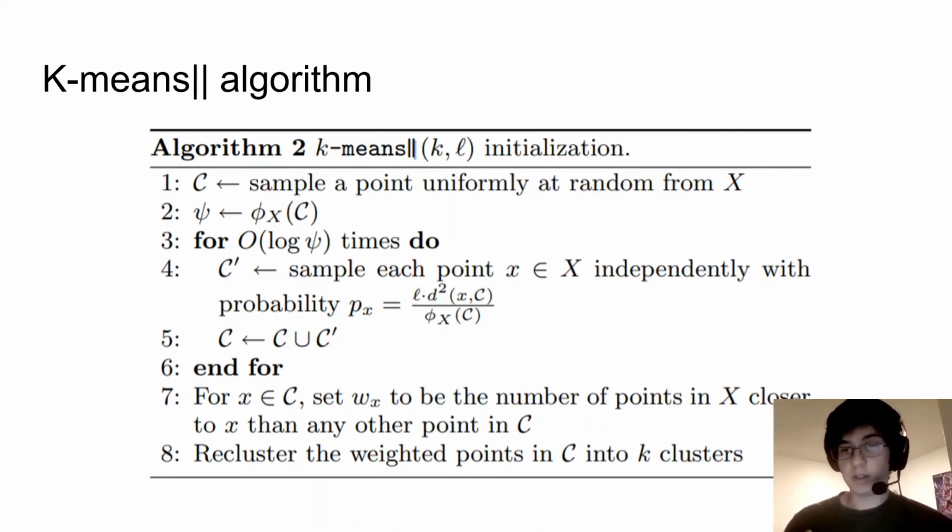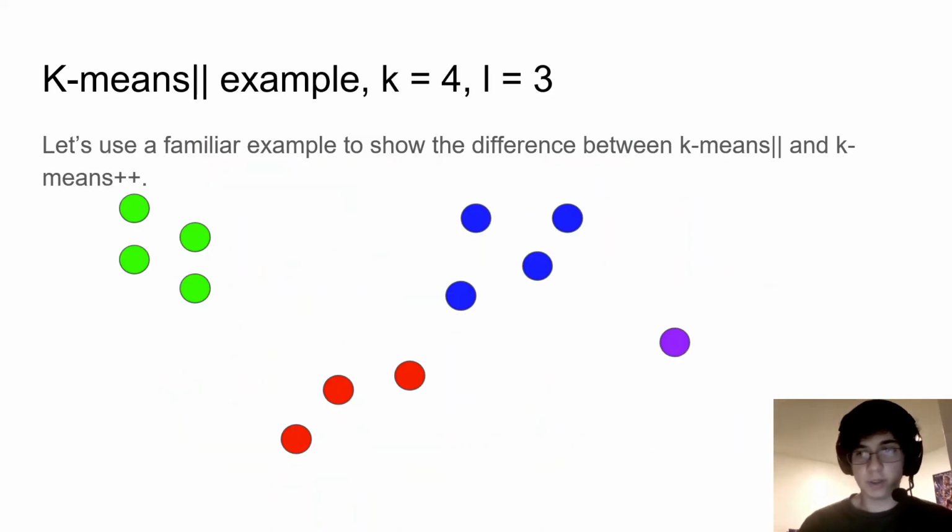You can do this using some other initialization algorithm, like k-means++ or Lloyd's algorithm. But once you've completed step 8 and you have your k clusters, then k-means parallel is finished, the initialization is done, and you can start running Lloyd iterations to find out which points actually belong to which clusters. So we're going to run through a familiar example dataset for k-means parallel, just to clearly show the difference between k-means parallel and k-means++.